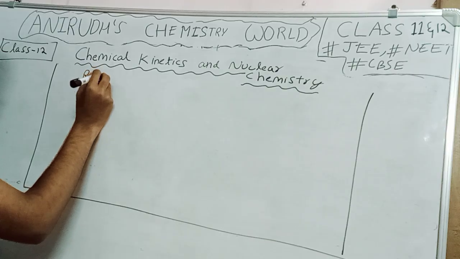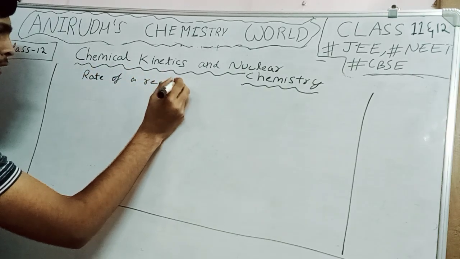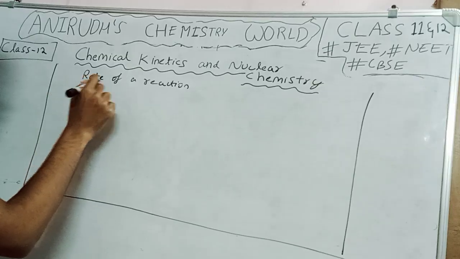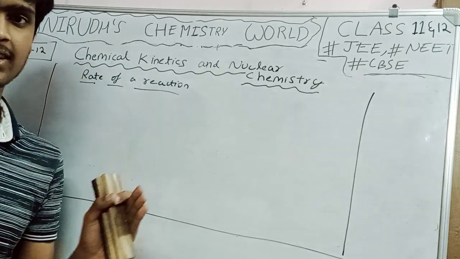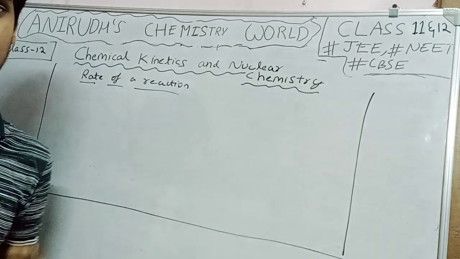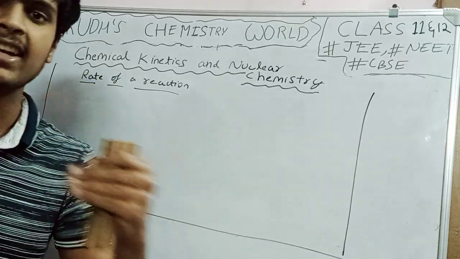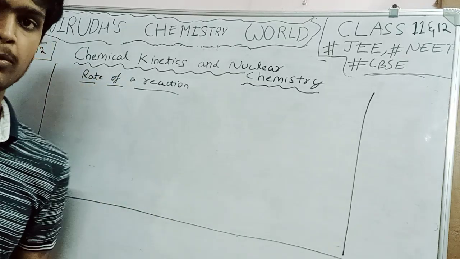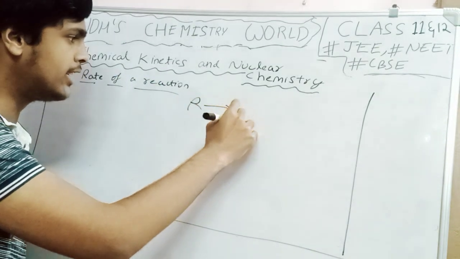We'll see the rate of a reaction. What does the rate of a reaction mean? Rate itself means the speed. Rate of reaction means the speed at which the reaction is being processed, and in how much time the reactants are converting into products.